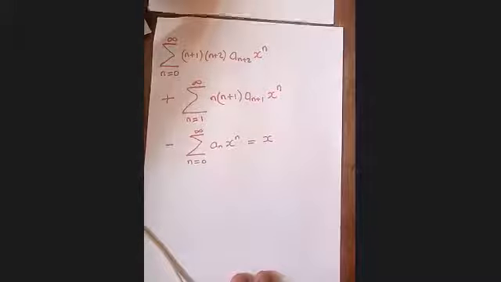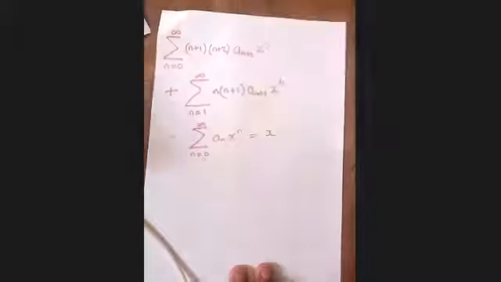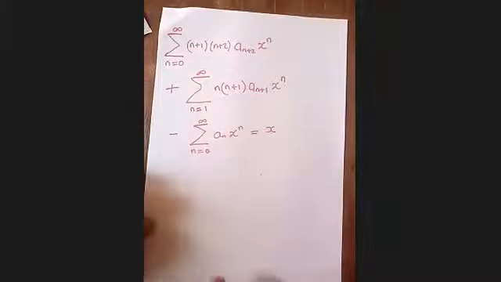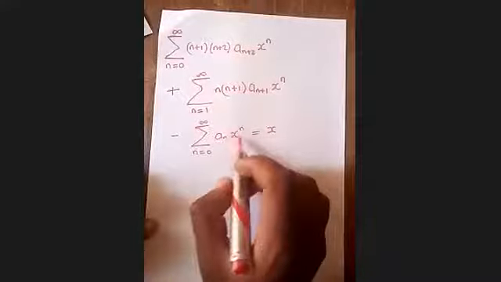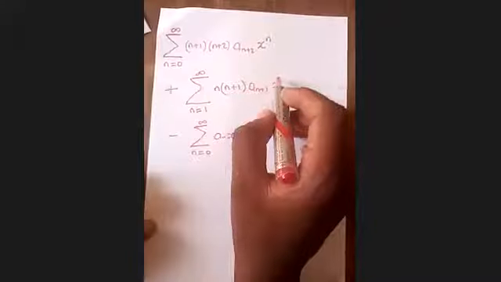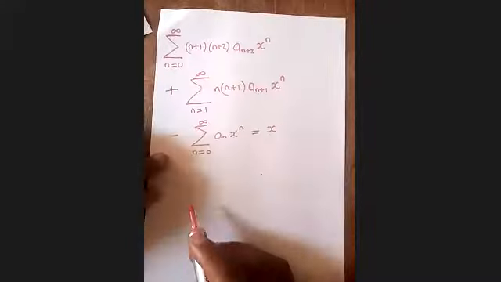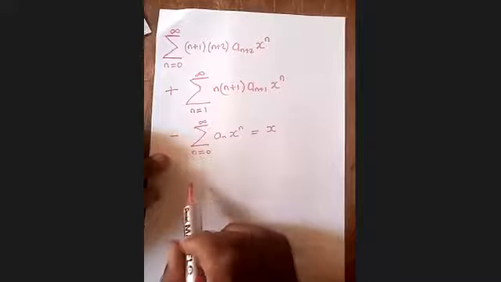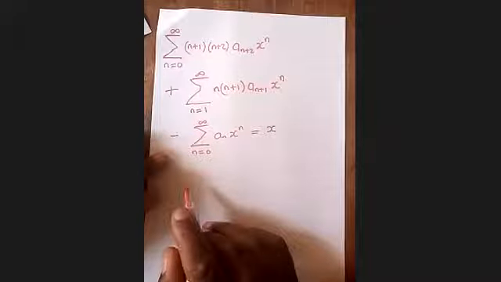Okay, so this is the third step. Done with the second step. We've achieved what we wanted. The exponents are the same, and what remains is to deal with the indexing.